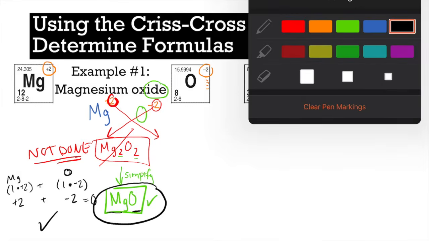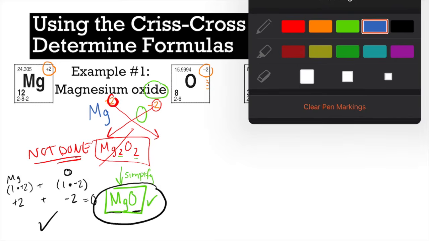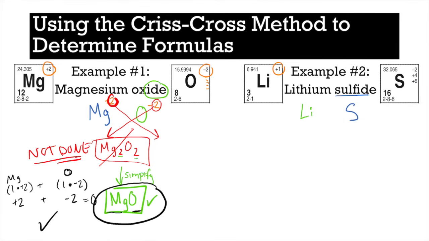So let's do another one. Lithium sulfide. Lithium is Li, and sulfide is talking about sulfur, and that is S. For lithium, you're going to pick that top number. It only has one number, so +1. And for sulfur, again, for nonmetals, you pick the top number, and that would be -2. So now what you do is you crisscross.